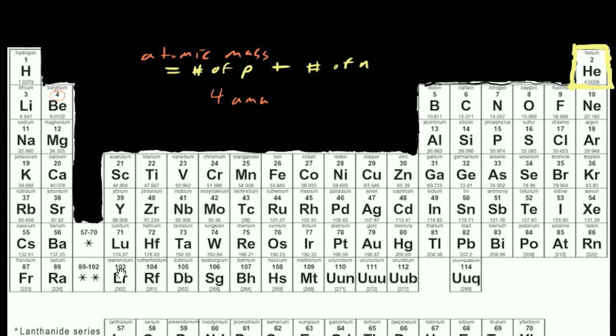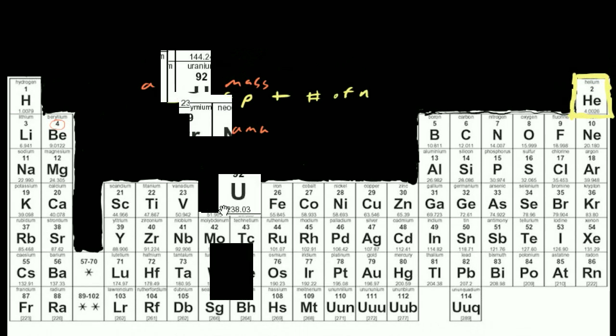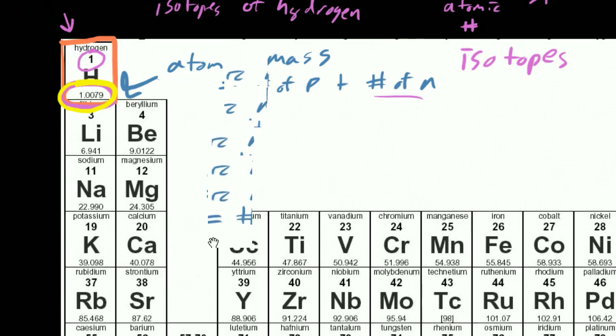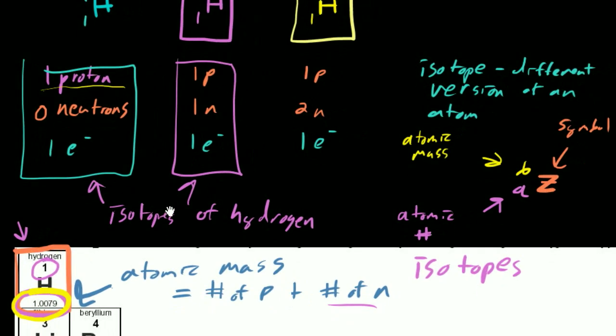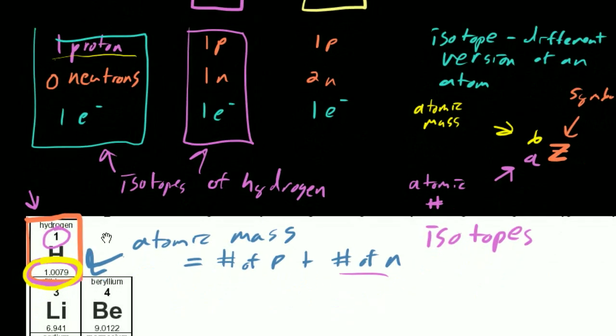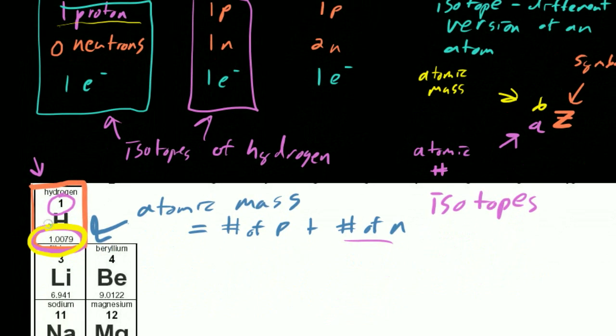So now what we're going to talk about in this video is, if you remember from the last video, I said it's kind of weird that the atomic mass on our periodic table is not a whole number, that we get 1.0079, because the atomic mass is in AMU and is just supposed to be the number of protons plus the number of neutrons.